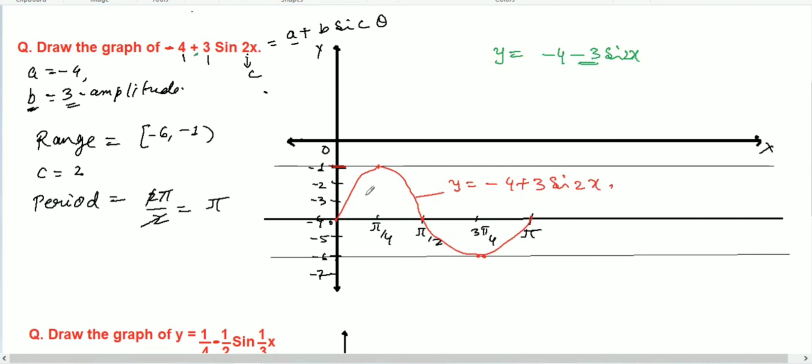So same way, as I explained in the previous question, this graph will reflect the previous graph in the x-axis. So now this time the graph will be like this. This will be the graph of y equals -4 minus 3 sine 2x.